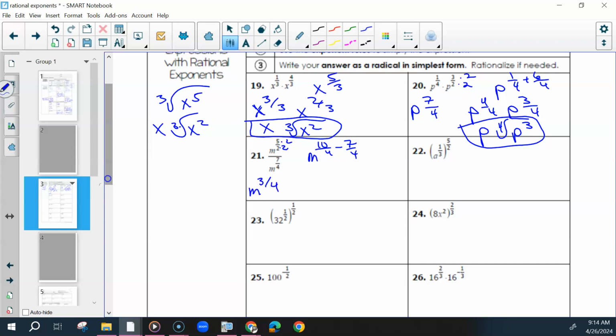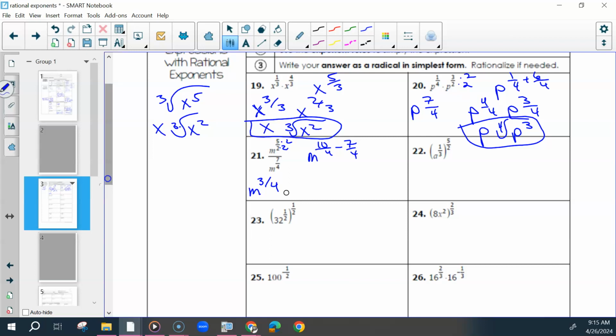And then we can go ahead and write that in radical format. It would look very similar to the last one we just did. What would that be? Say the root first. So that's going to be your exponent.